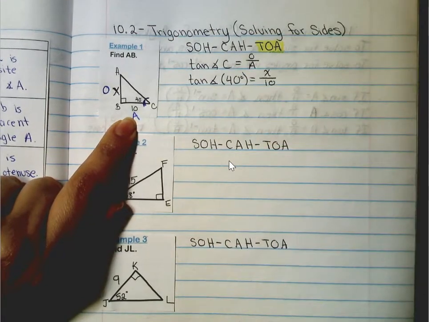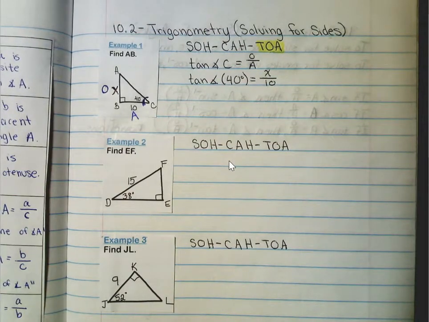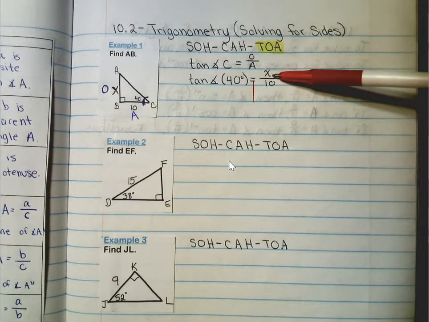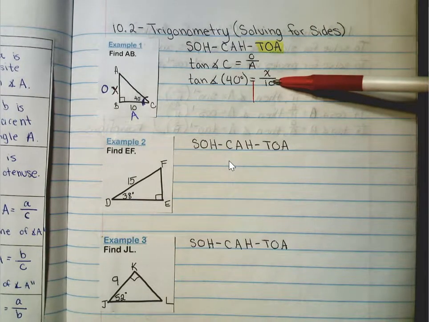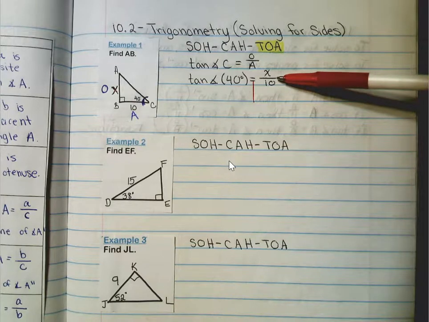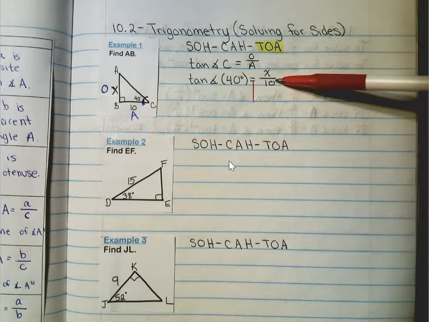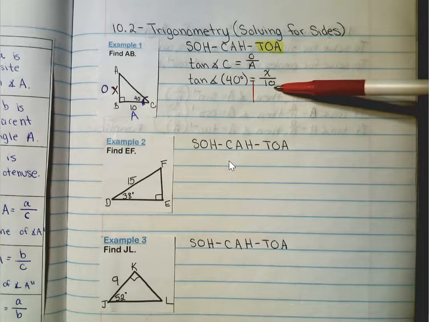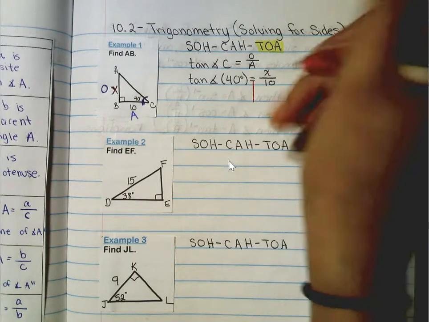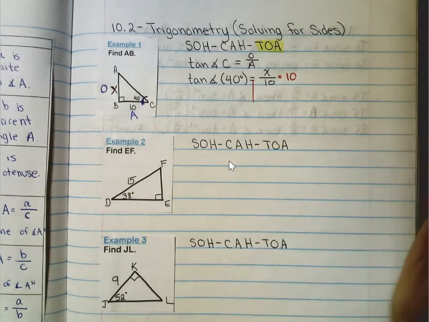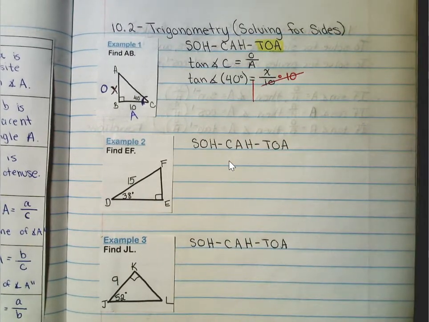Now I'm going to solve that equation for x. I need to get x by itself, and it's not by itself because I have a 10. So remember, I'm going to do the opposite operation to undo this 10. This little bar means division. The opposite of division is multiplication. So to get rid of that 10, I'm going to multiply by 10, and that's going to cancel that out.